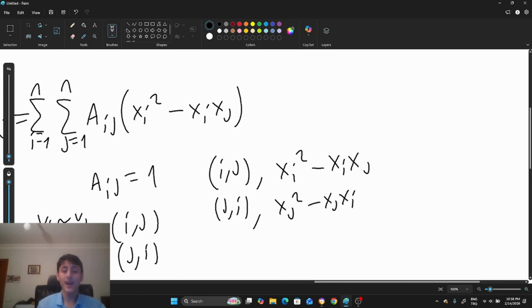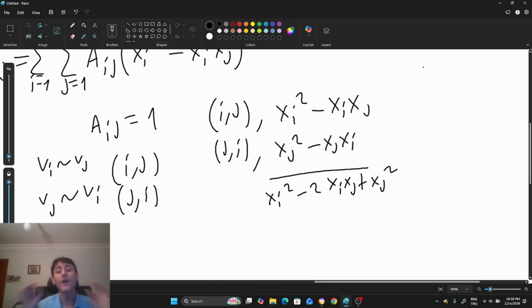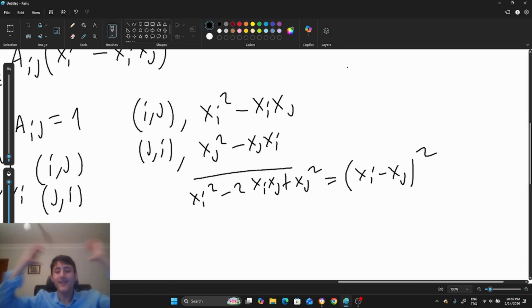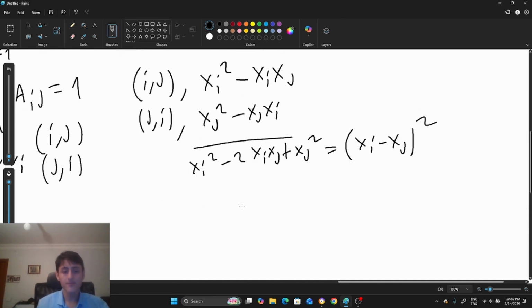Now, since we are adding these two up in our summation, we are going to have xi squared minus 2xixj plus xj squared, which is actually equal to xi minus xj squared.